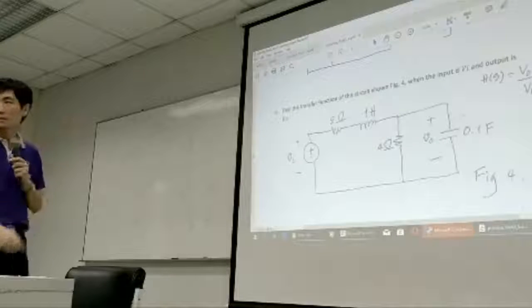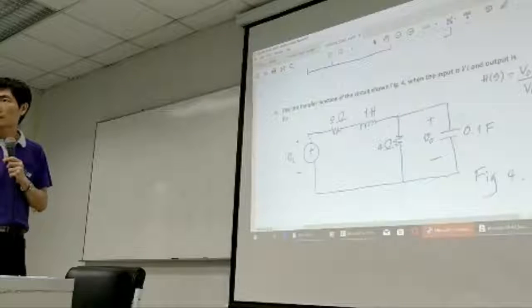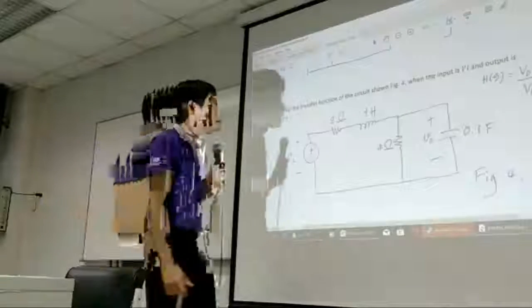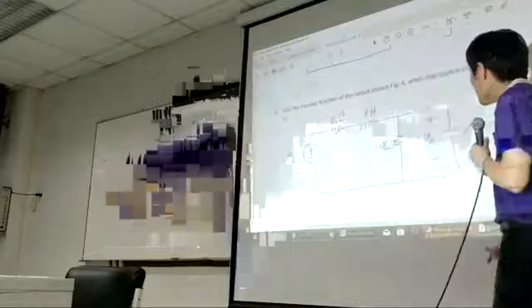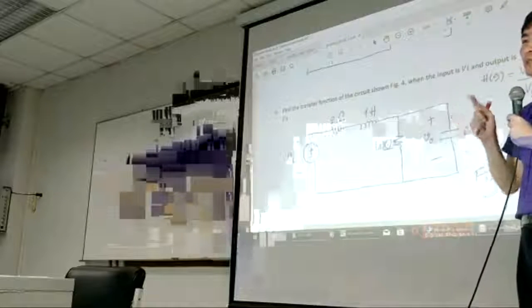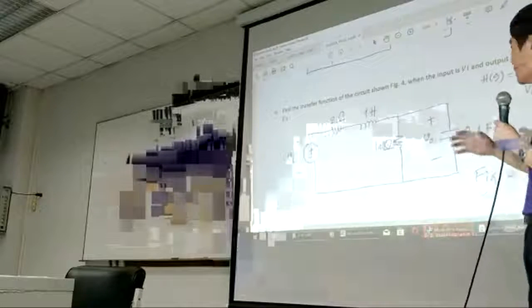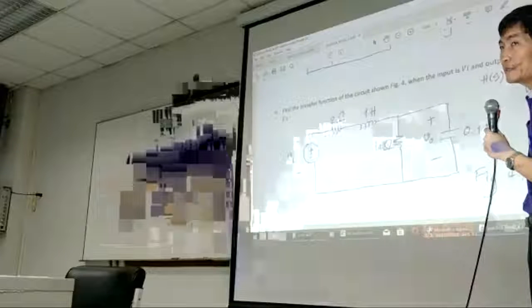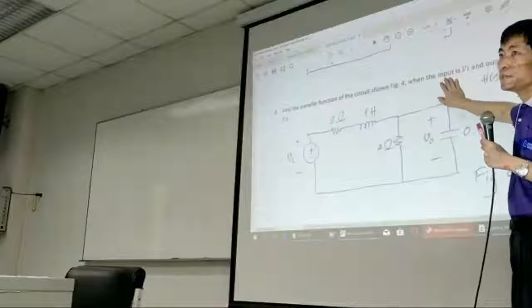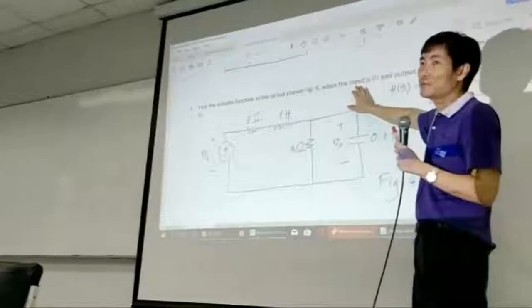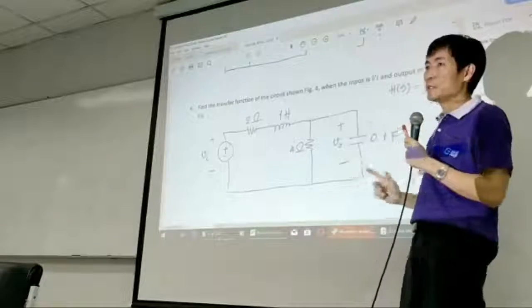The transfer function is equal to the output in the S domain divided by the input. The problem needs to tell you what the output and the input are.